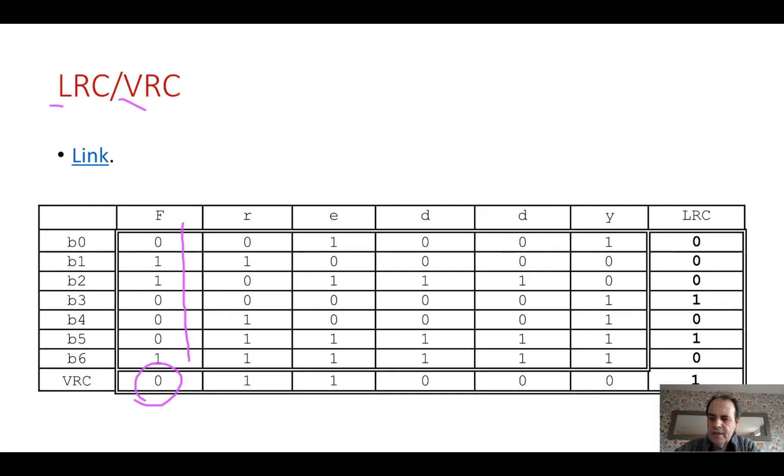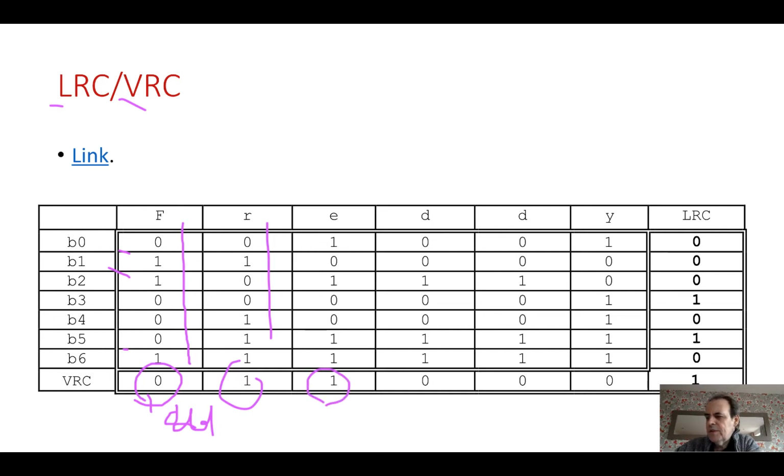This is the ASCII binary value for a capital F, and we normally have a parity bit. So we can see there 1, 2, 3. So we're going for odd parity here. We add the value to make the number of ones odd. And so this works okay, but obviously it's not very robust.